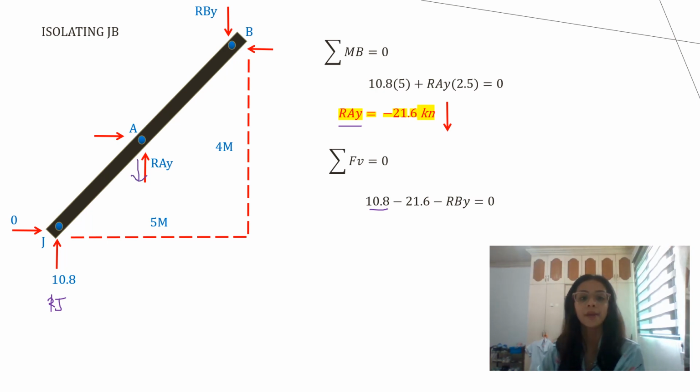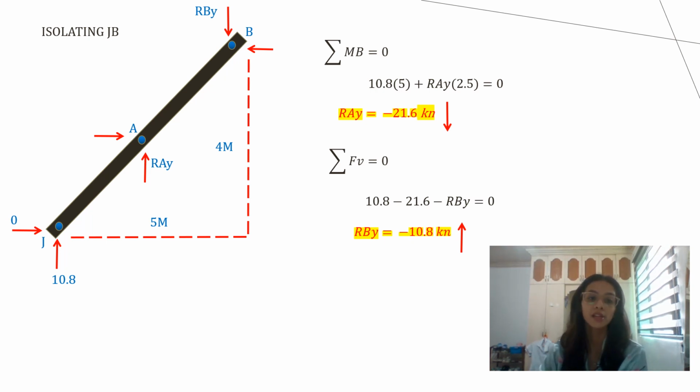So minus our RBY, pointing downwards. Our RBY is negative 10.8. So again, our assumption is wrong, so this will become upward.